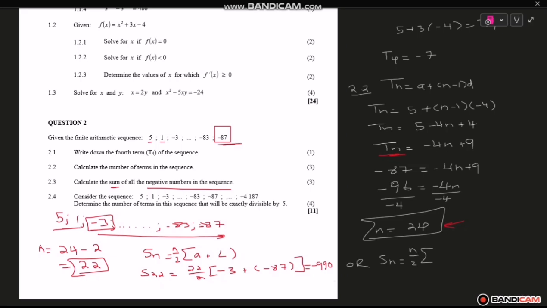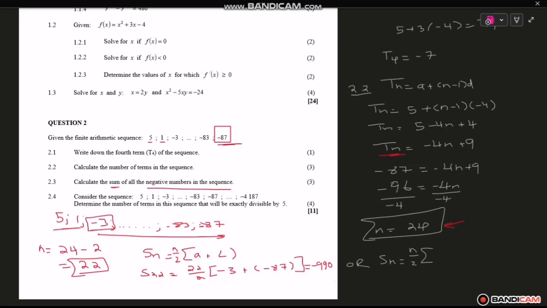I hope you understood how we got that 22. All these numbers after negative 3 up to the last term are all negative. Since we know that the number of terms in the sequence is 24, if we say 24 minus these two positive terms, then we'll have 22 as the number of all negative terms in the series.